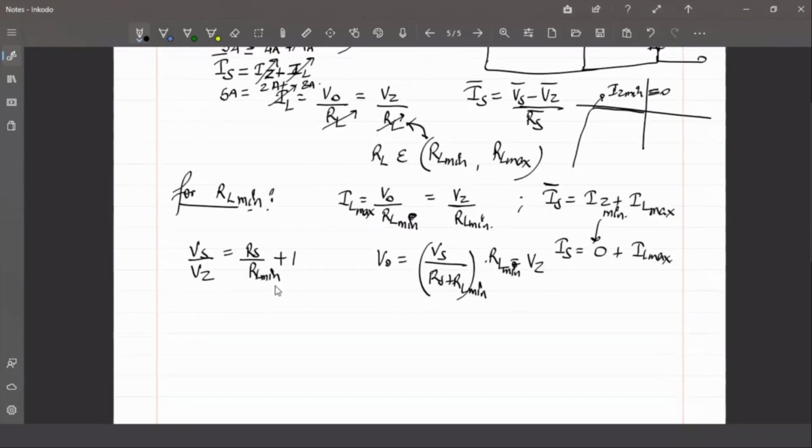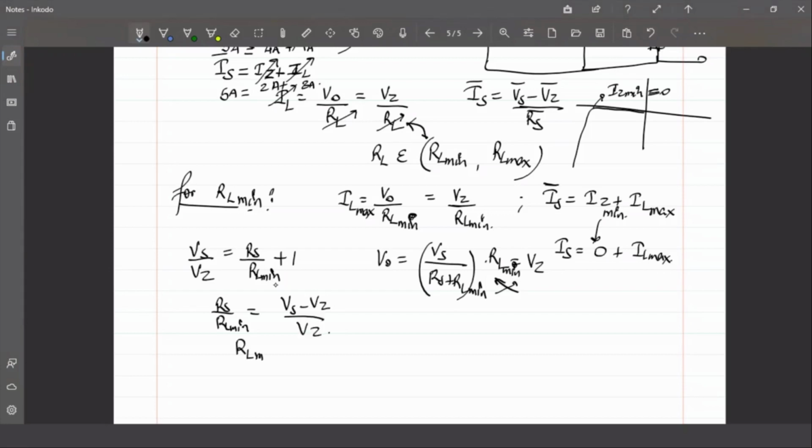I've just cross multiplied this equation, and taking Rs by RL minimum on one side, this will be Vs minus Vz divided by Vz.